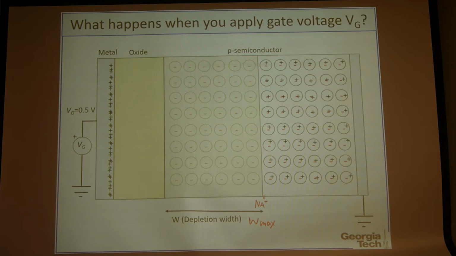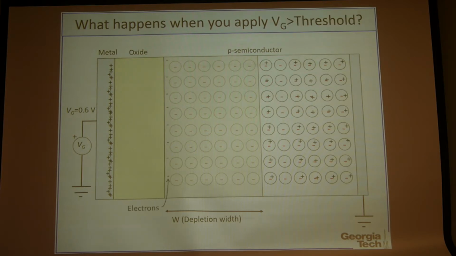So when you reach the threshold, then here at the surface of the silicon to the oxide interface, you will have this inversion. So now you get electrons here, and the surface becomes N-type, but still the bulk substrate is P-type. Only the surface becomes N-type.